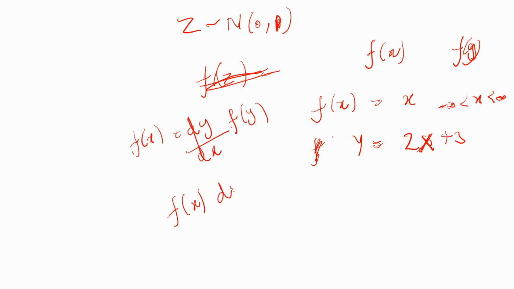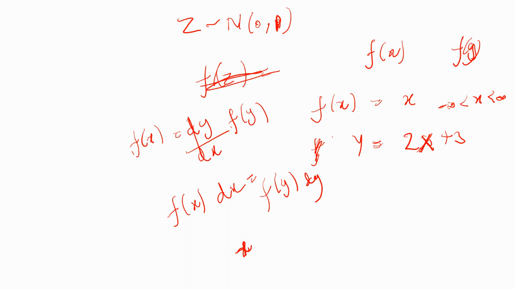So f of x dx will be equal to f of y dy. Now we have f of x, and dy by dx we can find from here. Now we want to find f of y.